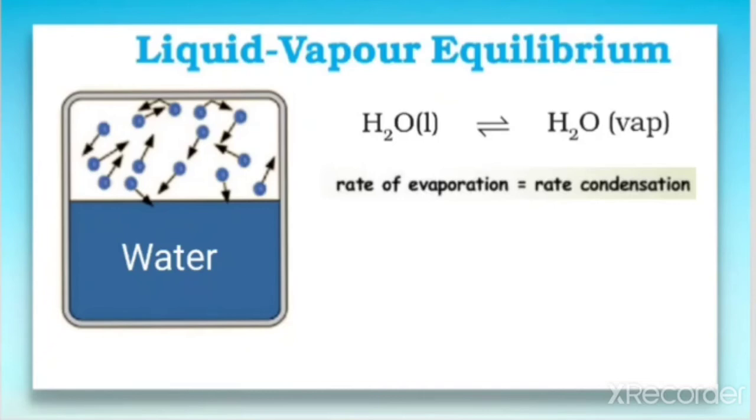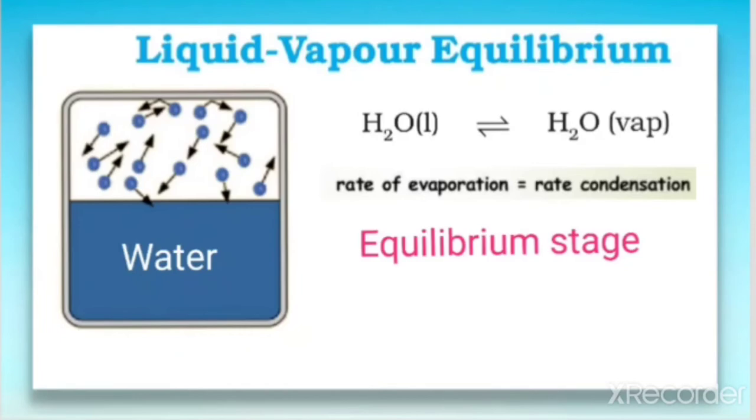That means two opposite processes: evaporation, that is the conversion of liquid into vapor, and condensation, that is the conversion of vapor into liquid. These two opposing processes take place together and at the same rate, so there is no change in the quantity of water as well as no change in the number of molecules in the vapor state. So this stage is called the equilibrium stage.